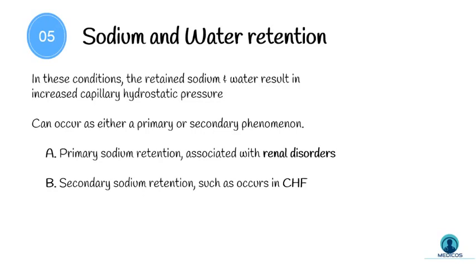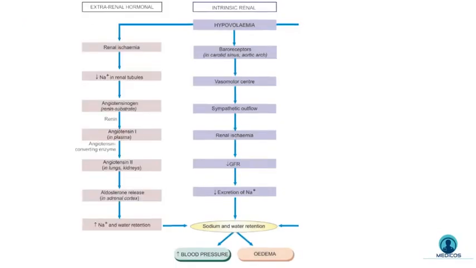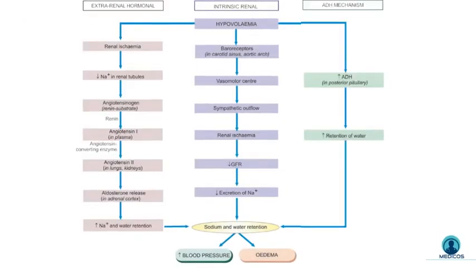In congestive heart failure, there are actually three mechanisms of water retention. There is intrinsic renal, there is extrarenal hormonal, and ADH or antidiuretic hormone mechanism. In the intrinsic renal mechanism, the hypovolemia caused by CHF activates the baroreceptor and increases sympathetic outflow, which leads to renal ischemia and decreased GFR, and this will also decrease sodium excretion.